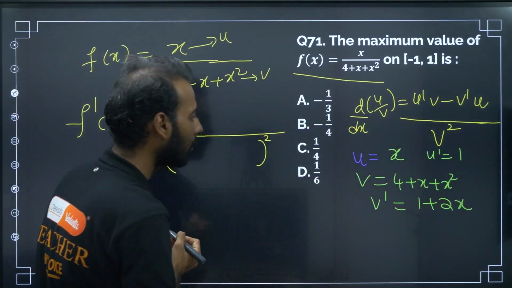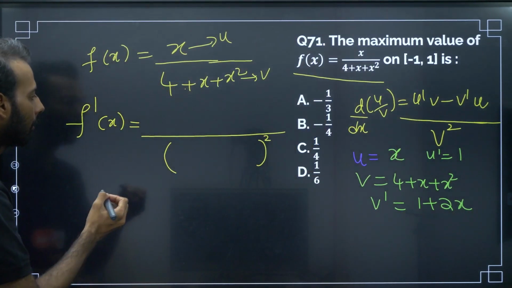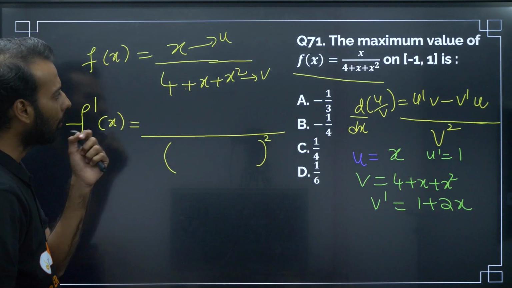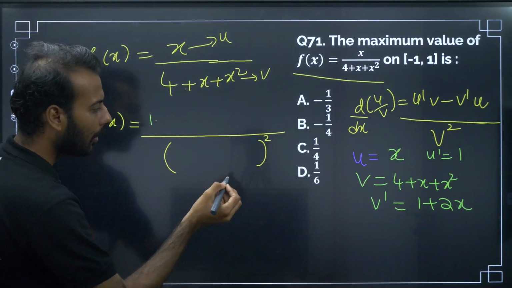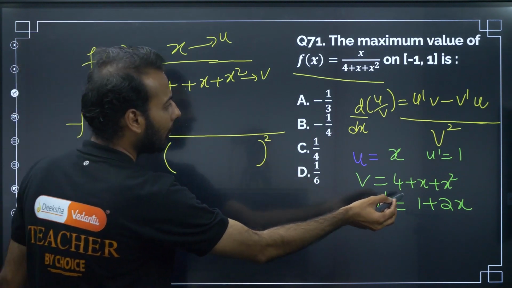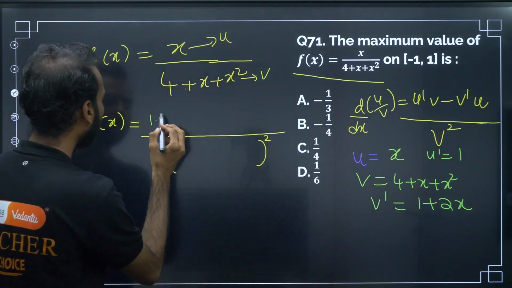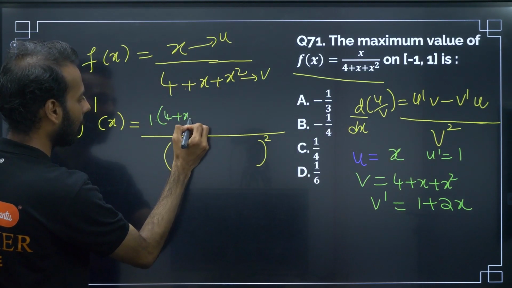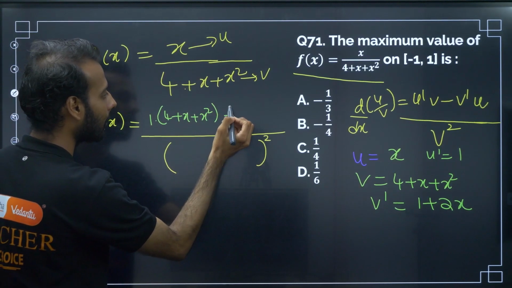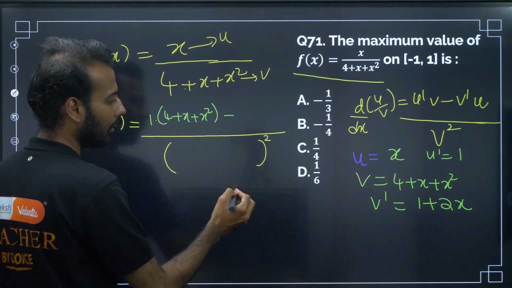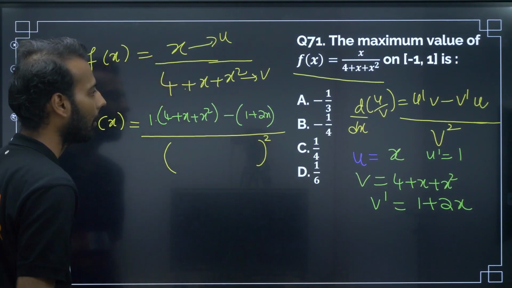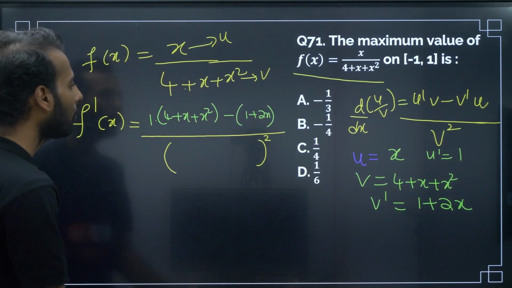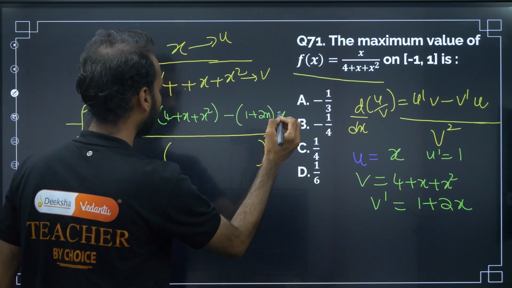So differentiate with respect to x, denominator square, and then u dash v, u dash is 1, so we have to keep v only, 4 plus x square minus v dash is 2x, and u is x.